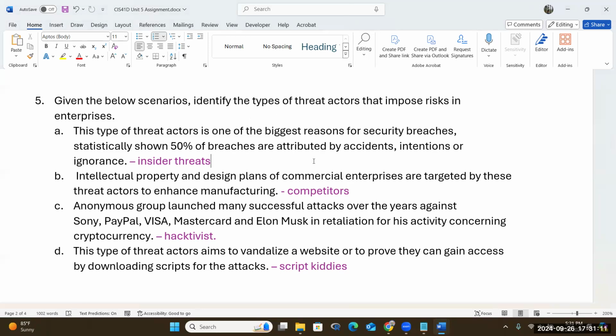And then for B, intellectual property design plans of commercial enterprises are targeted by these threat actors to enhance manufacturing. And that falls into the competitors. So it could be a competitor in other nations. An example of this would be like a Boeing plane design, right?